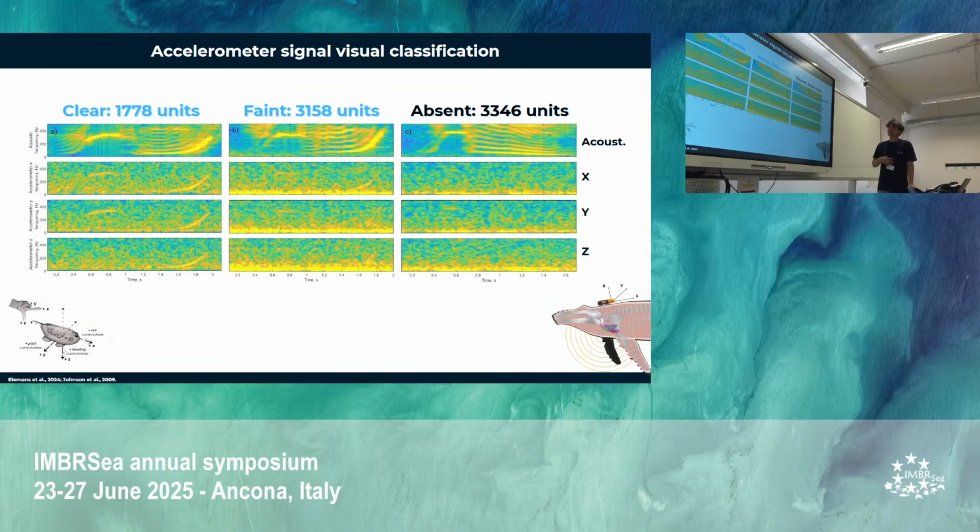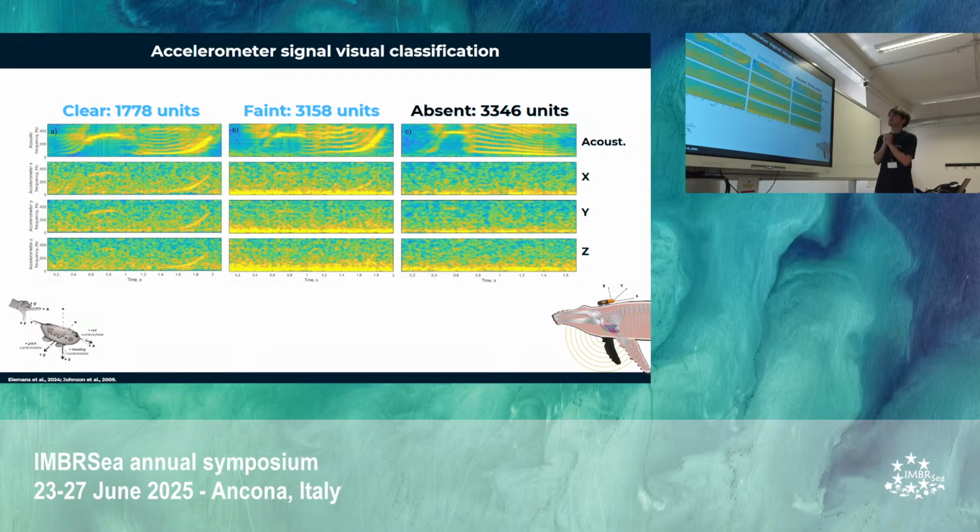After labeling all of the song units, we went through them one by one, assessing the acoustic spectrogram and then the spectrogram for each axis of the accelerometer. I'll explain later what the axes are.